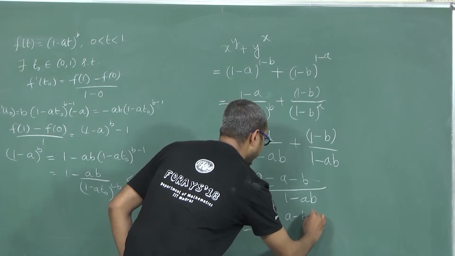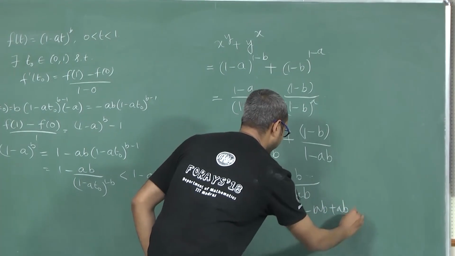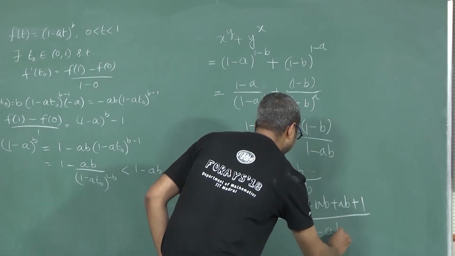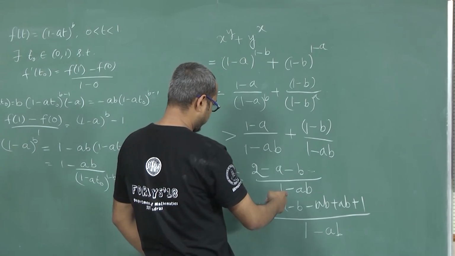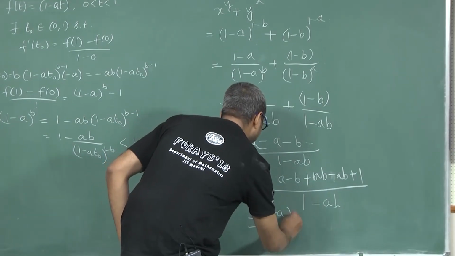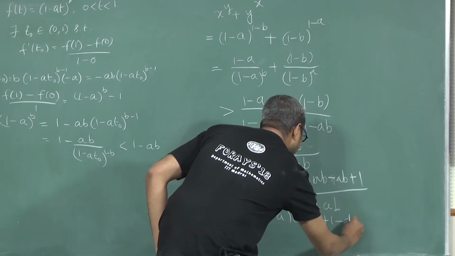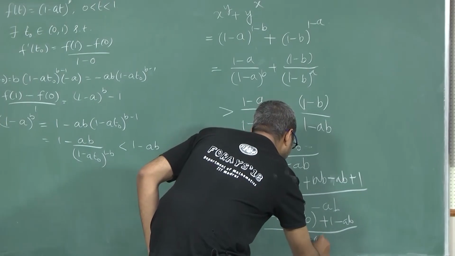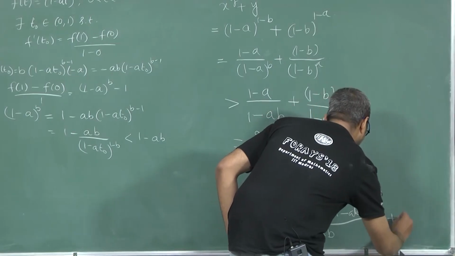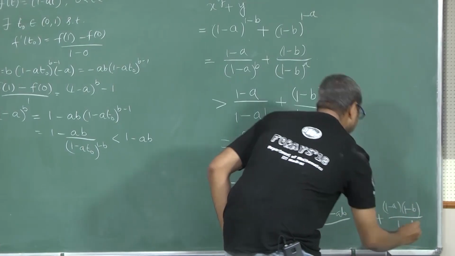This I can write as 1 minus a into 1 minus b plus 1 minus ab, by 1 minus ab. Hence the first term will be 1 plus 1 minus a into 1 minus b by 1 minus ab.